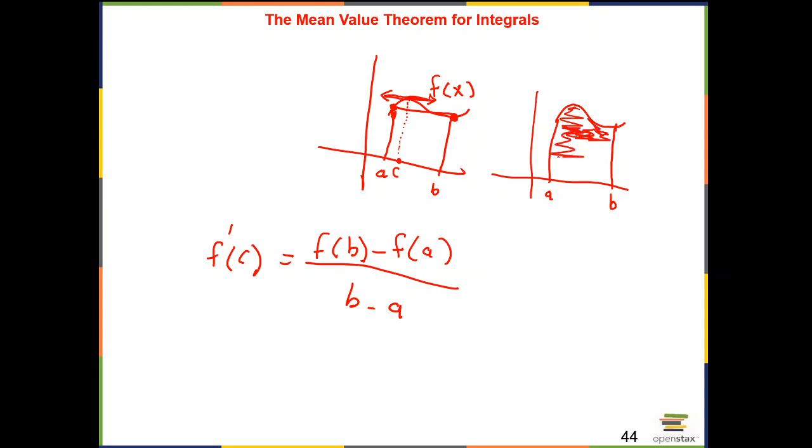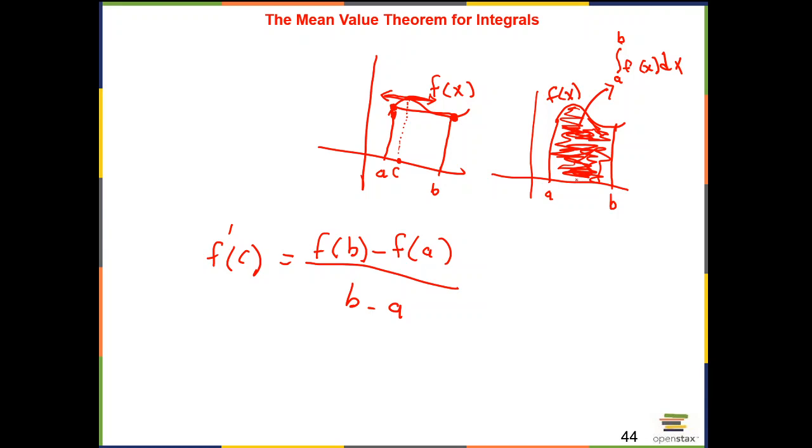The area under f of x is the definite integral from a to b of f of x dx, right? So that's the area.